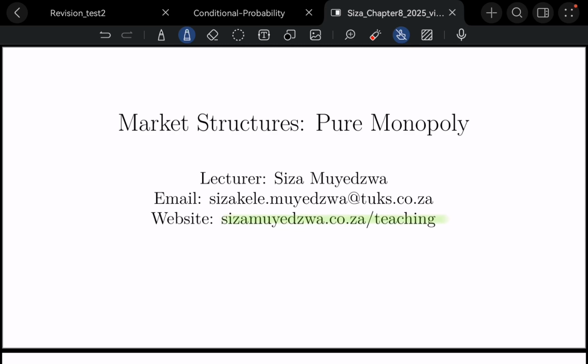So what we'll do with this chapter, we are going to break it down into different pieces. And the first one is we're going to recap because you probably have had a chance to speak about the different characteristics of different market structures. So we'll recap on the characteristics of the pure monopoly.